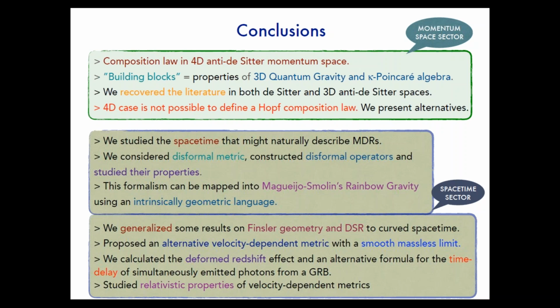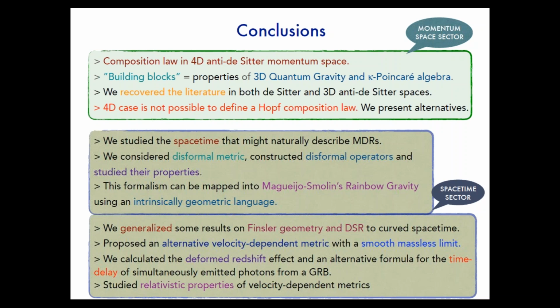And to end, we worked on a more variational way of thinking of Finsler geometry and alternative formulations for velocity-dependent metrics. We also propose an alternative ansatz for the calculus of observables in this kind of space-time, which allowed us to give a prediction about the time delay that is different from the usually considered.